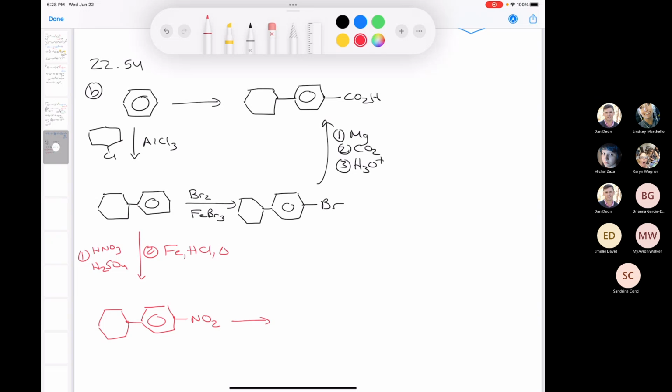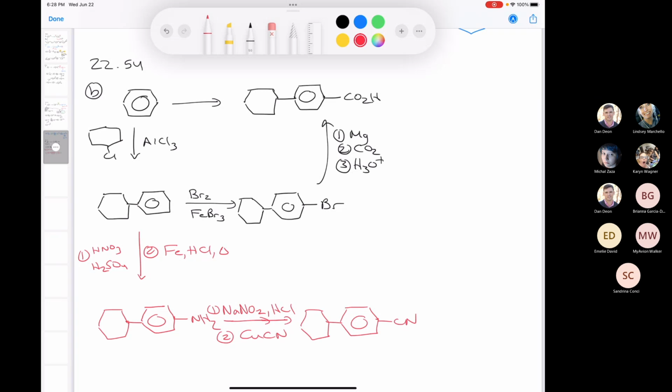I did both steps there, so we have the amine. Then you're going to diazotize, using sodium nitrite and HCl, followed by treatment with copper(I) cyanide. That would give you this compound where you have the nitrile installed.